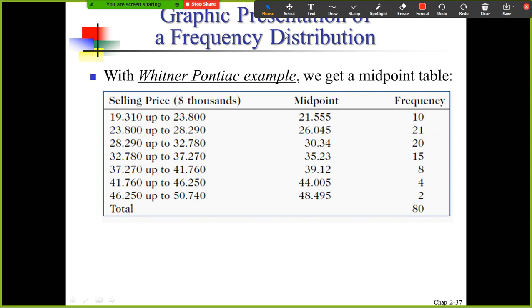So in this case, in order to draw a frequency polygon, we stop using class. Instead, we're using class midpoint and class frequency. So how is a frequency polygon constructed using this table?